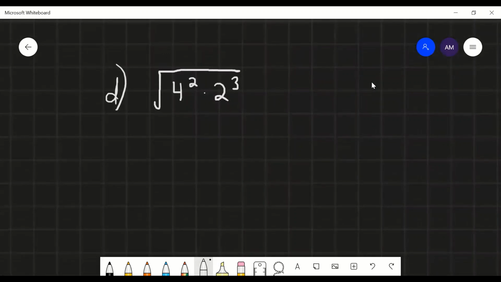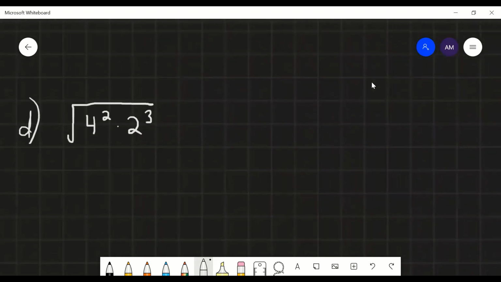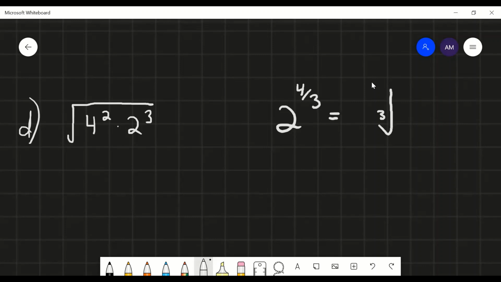Let's remember how square roots worked. So this was in a previous video. Whenever you have a square root, and here's the example, or a similar one that I gave in the previous one, if ever you had something like 2 to the power of 4 over 3, that would be the third root of 2 to the power of 4. So a square root is subtle, but it's a bit simpler, it turns out.